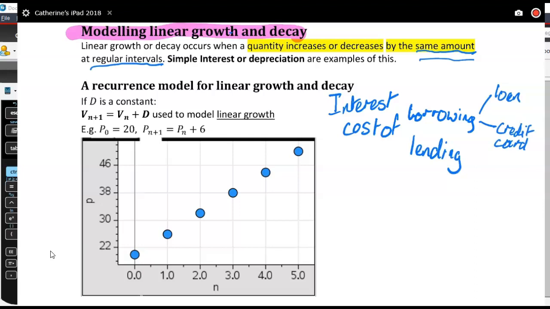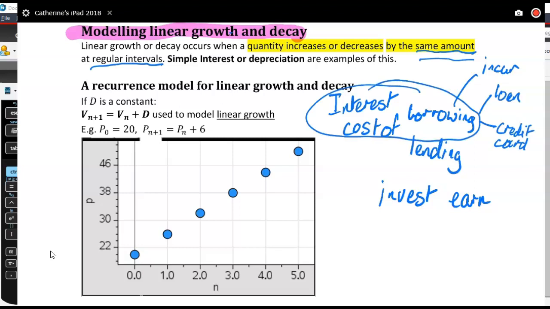And when you put your money into a bank account, you earn interest, don't you? So when you borrow money, you incur interest. But when you put your money into a bank or you invest, you earn interest. Now, why do you earn interest? I've just said interest is the cost of borrowing money. You earn interest when you are investing in a bank account or something, because that bank is borrowing the money from you.